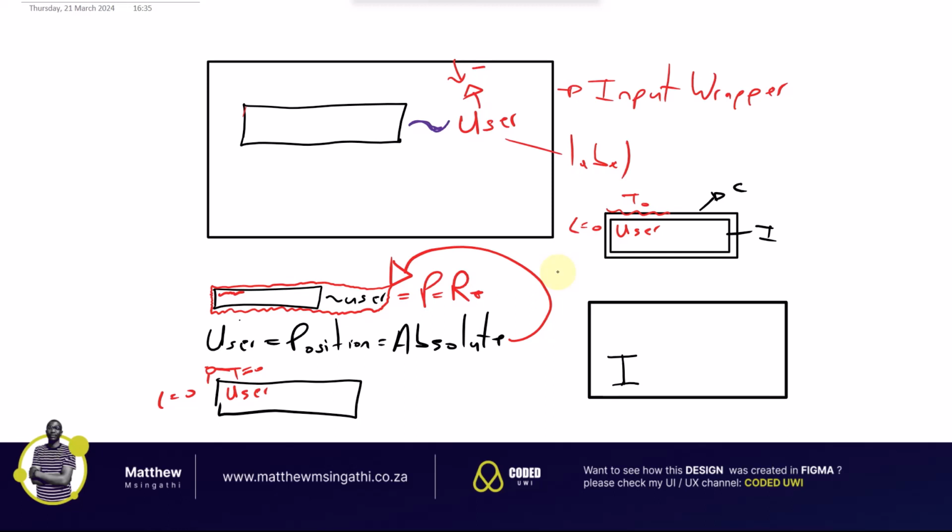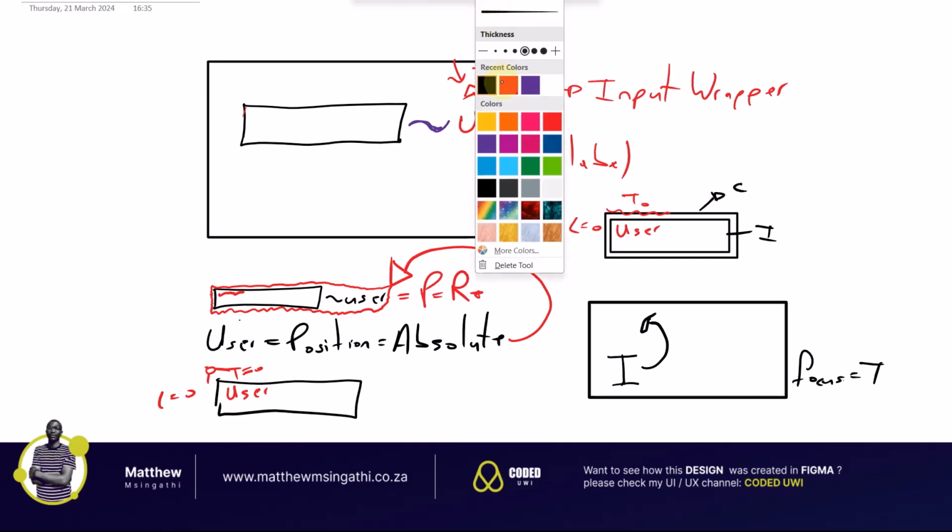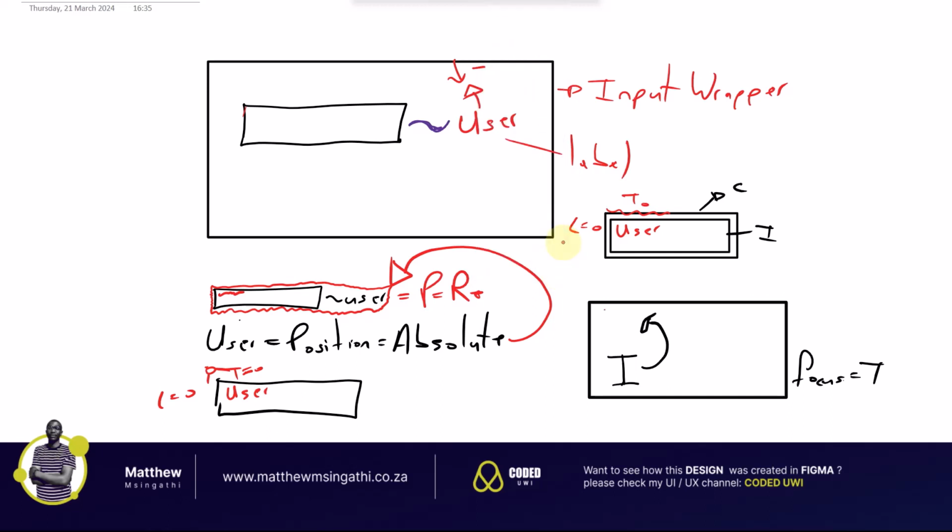This is not an I, this is a cursor. So if this is focus, focus equal to true, we want this user to jump and transition or animate to here, okay?